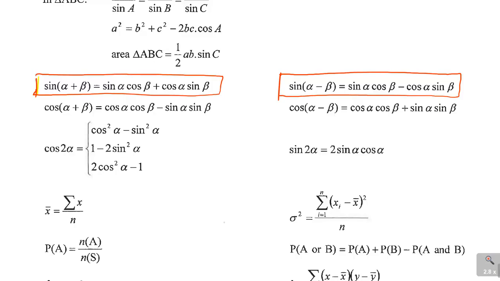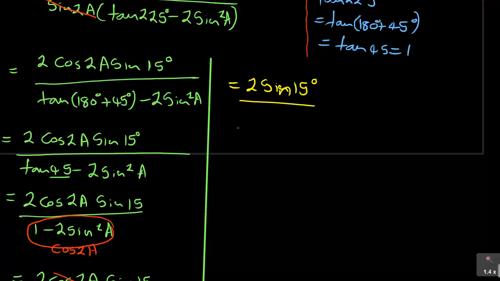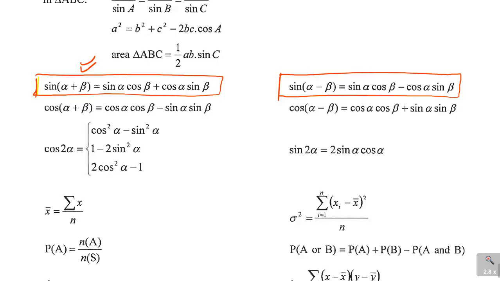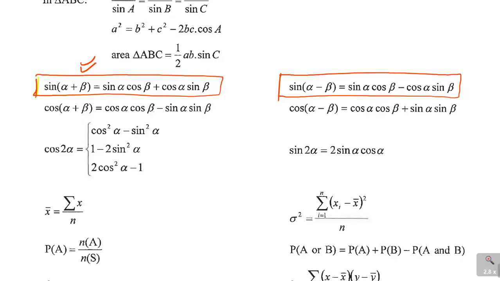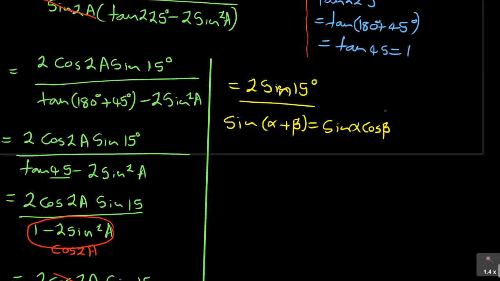So now it's up to you which one you want to choose, but for example, I'm going to choose the first one, sin alpha plus beta. Let me write it as is. So I have sin alpha plus beta is equal to sin alpha cos beta plus cos alpha sin beta.